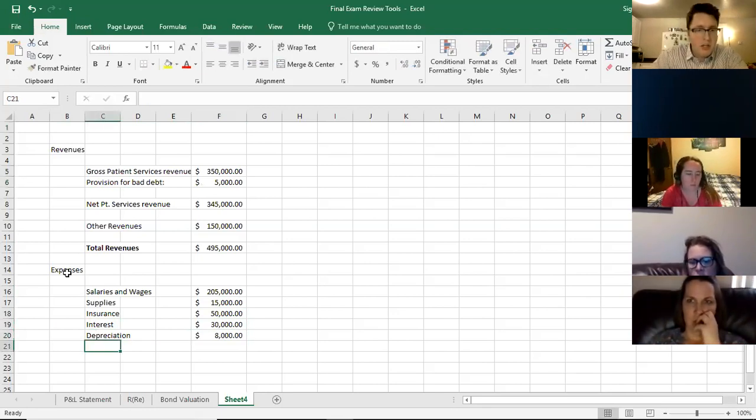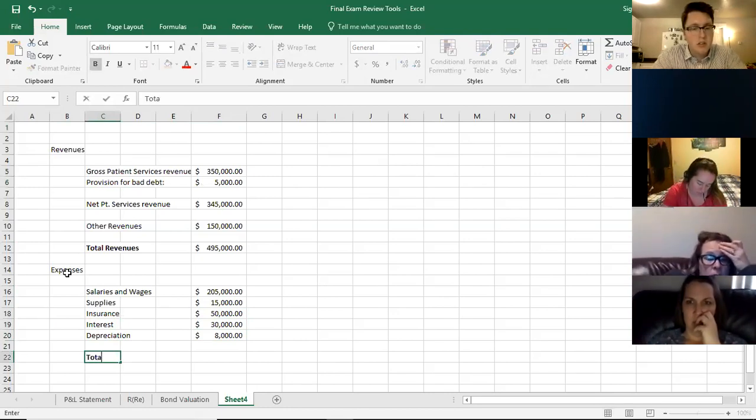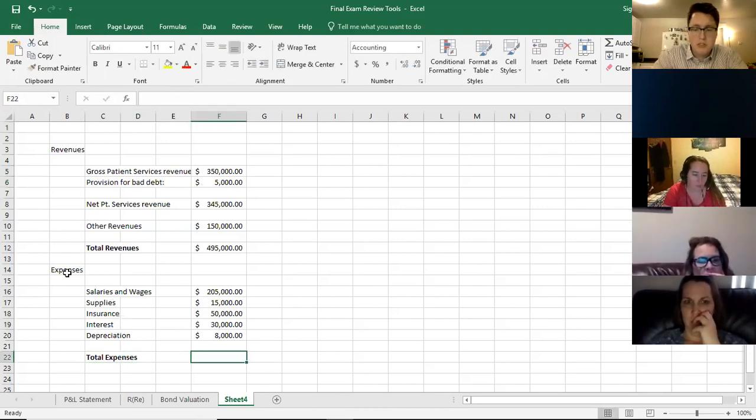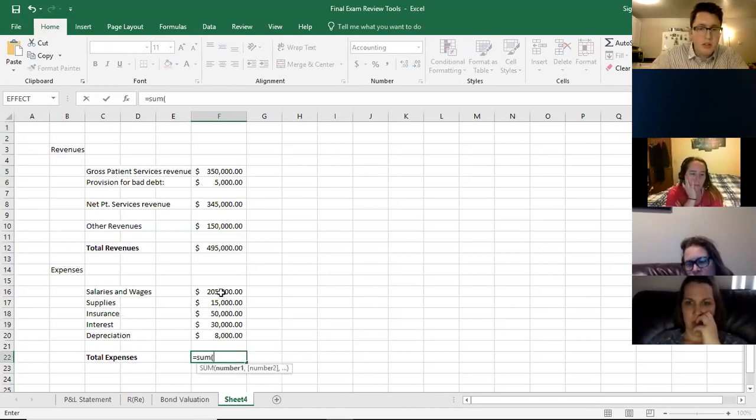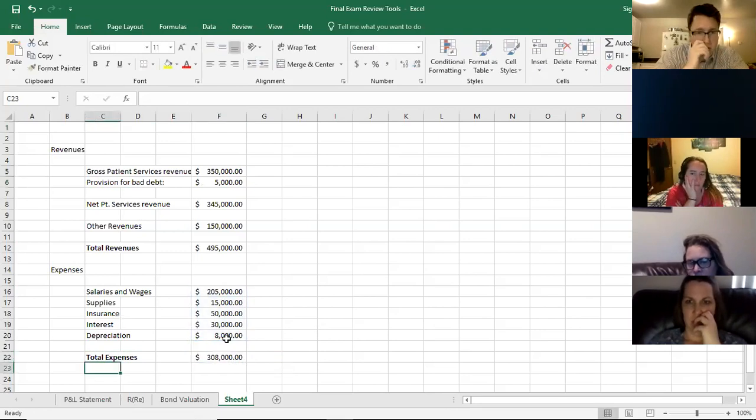And then down here, we'll get our total expenses, which is just going to be a total of all of these here. Total expenses.